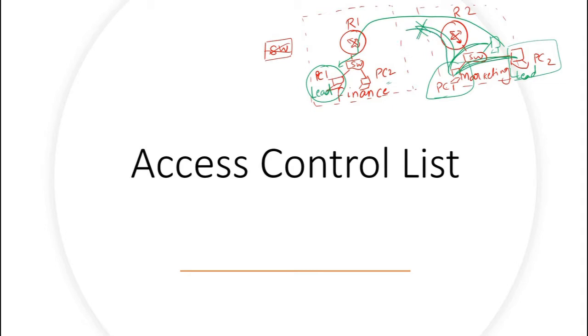So this is a type of control where PC1 or some specific user cannot communicate with other departments. Or we can also assign privileges, like for the internet, so that normal employees cannot access the internet, while managers or leads can access it.